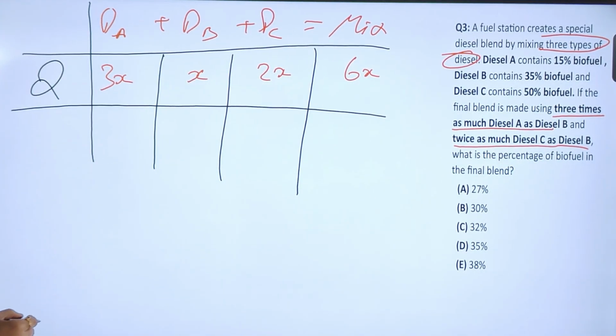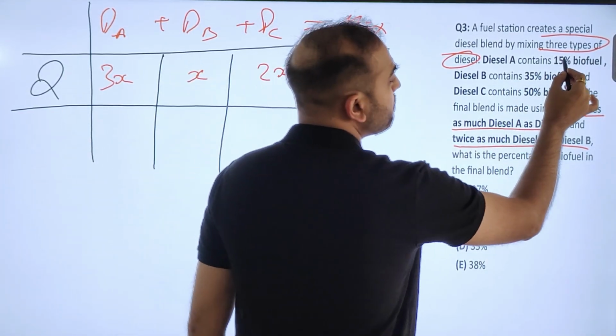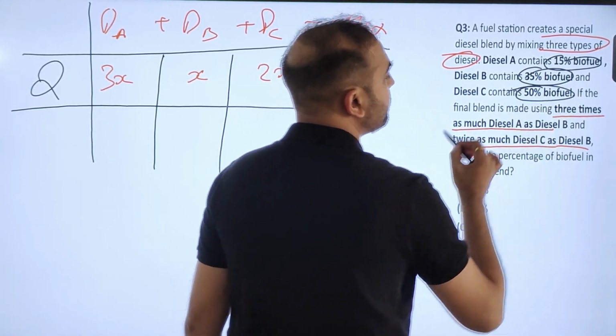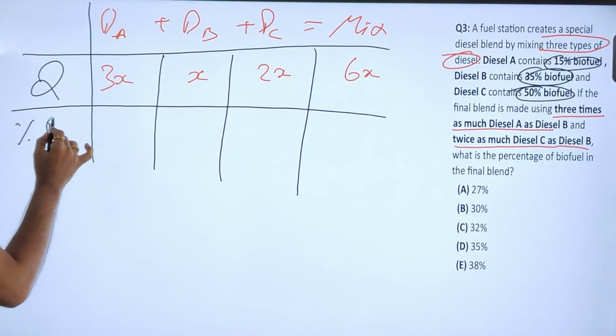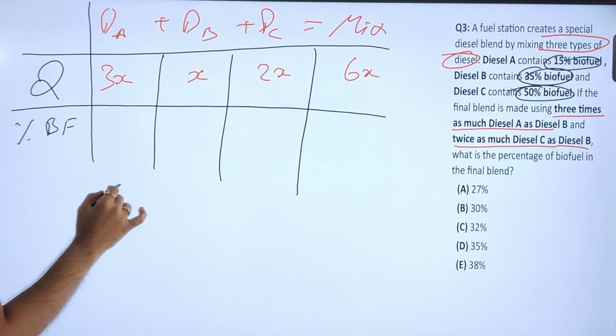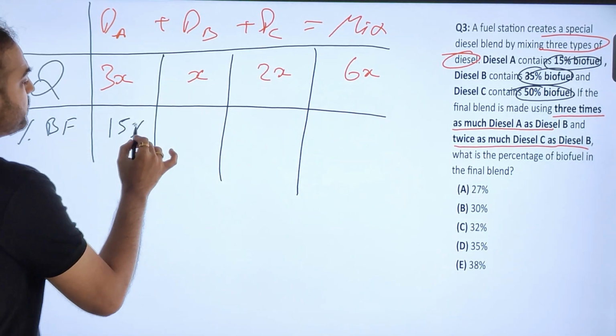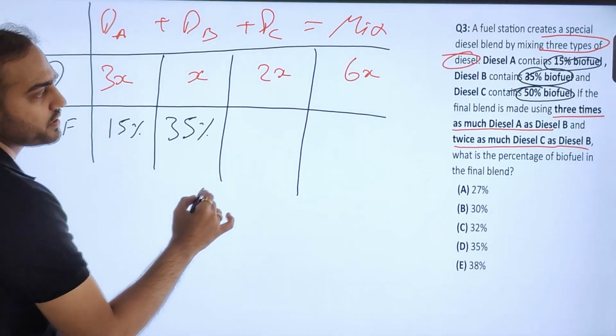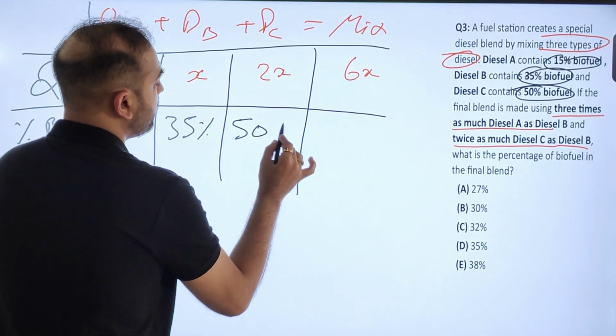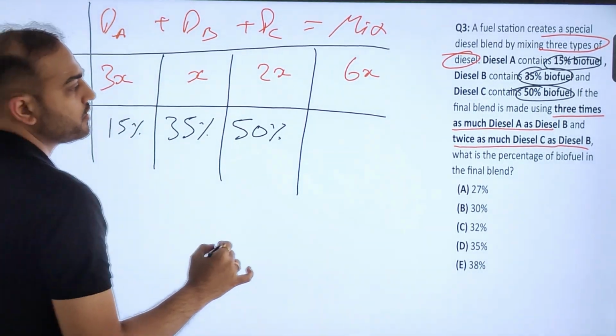Then we make the equation for a factor. If you look at the question, you will realize percentage of biofuel is our factor. So we have the factor as percentage of biofuel. For A, it is 15%. For B, 35%. For C, 50%.